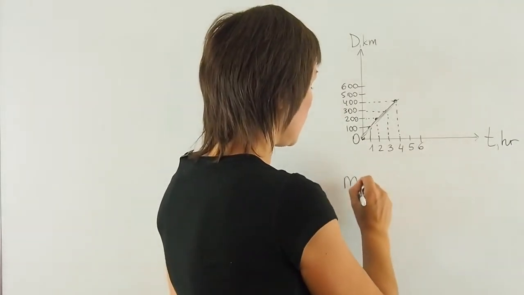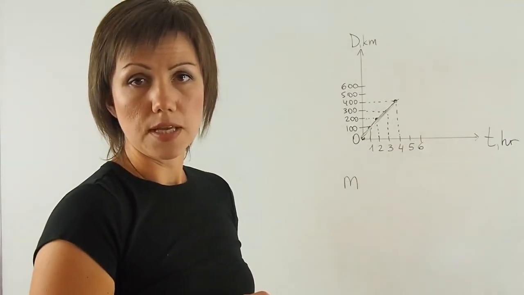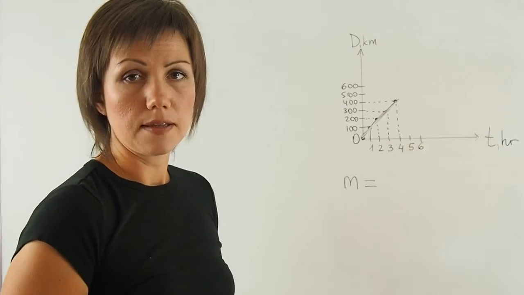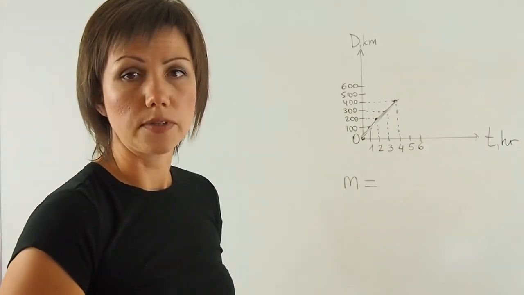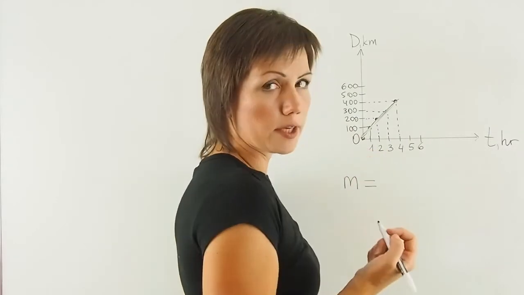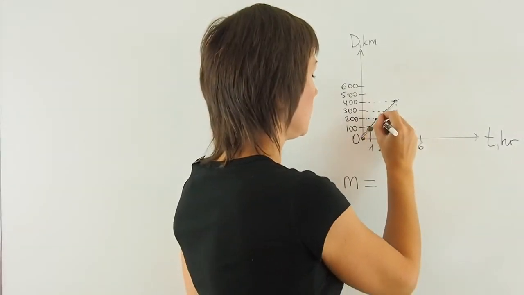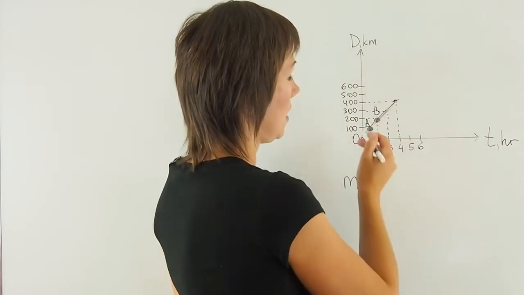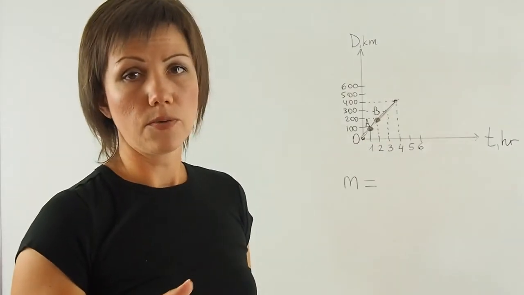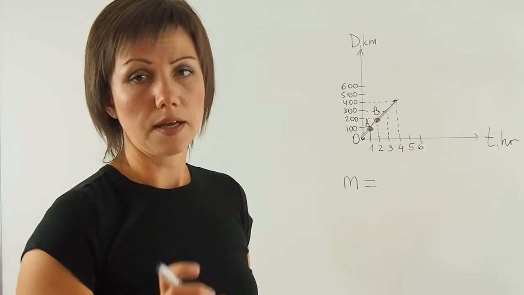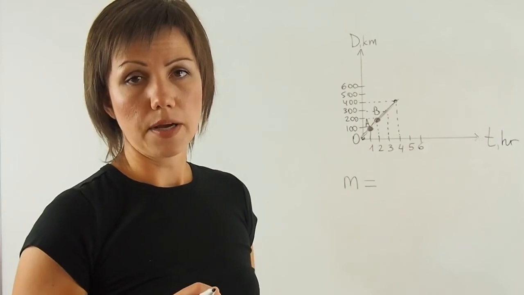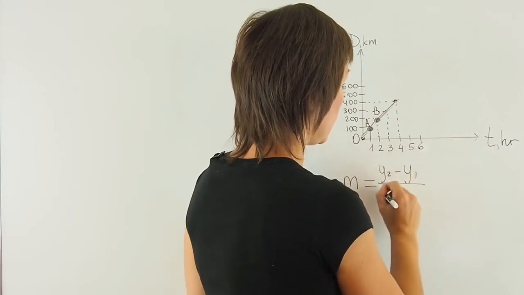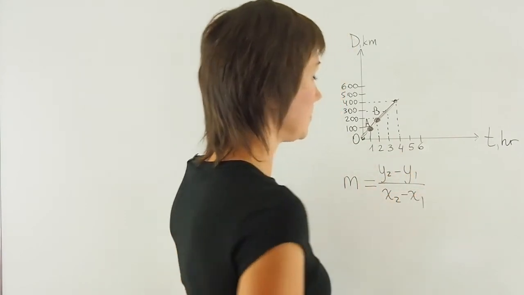I use lowercase m to represent the slope of a line, and the formula says that in order for me to find the slope of a line, I need to take 2 points on this line, say this one and this one, point A and point B, and then subtract their coordinates in terms of y and in terms of x and divide them by each other. So y2 minus y1 over x2 minus x1.